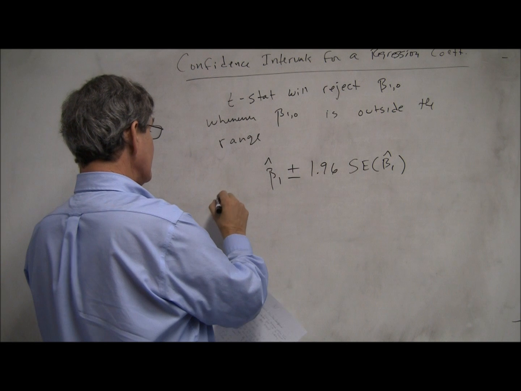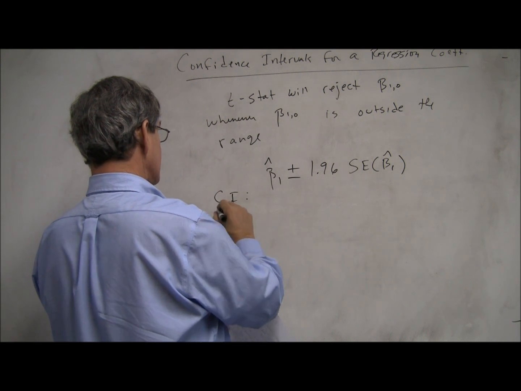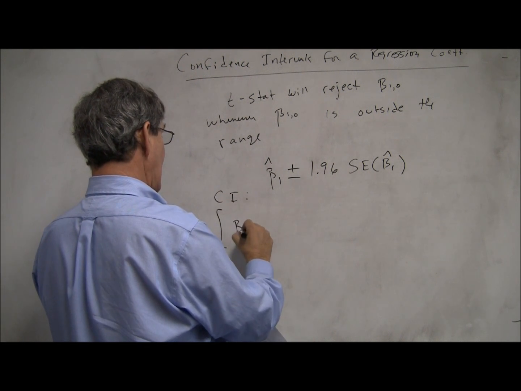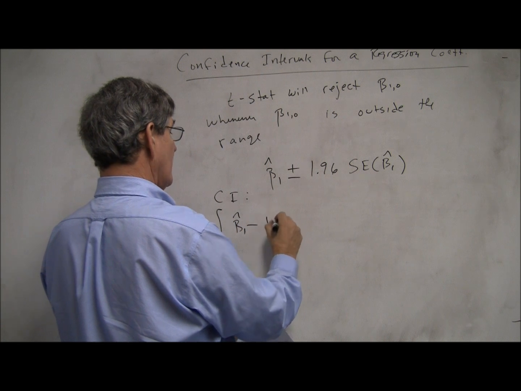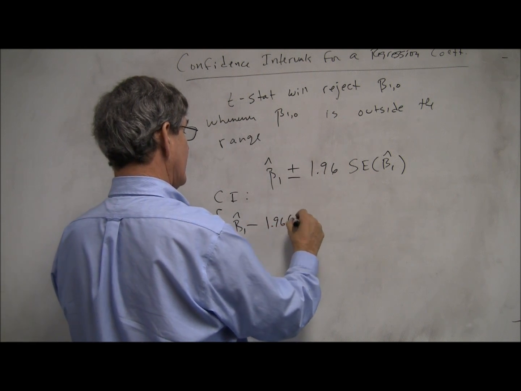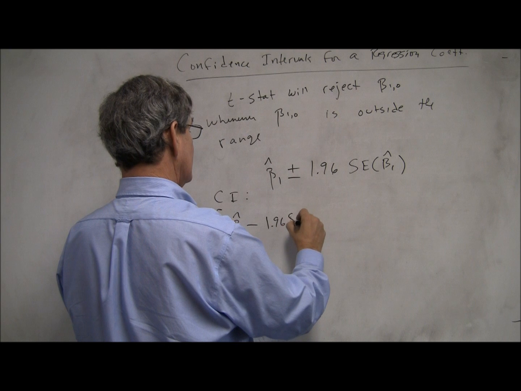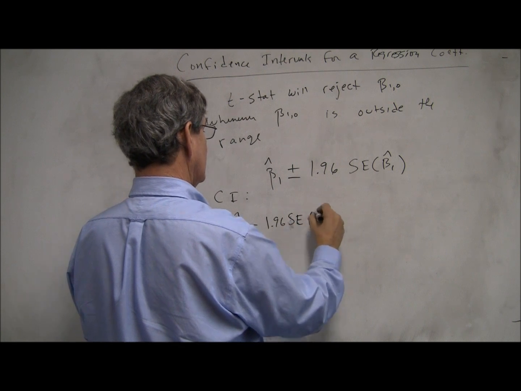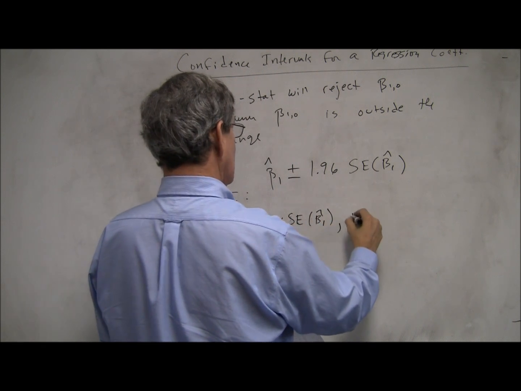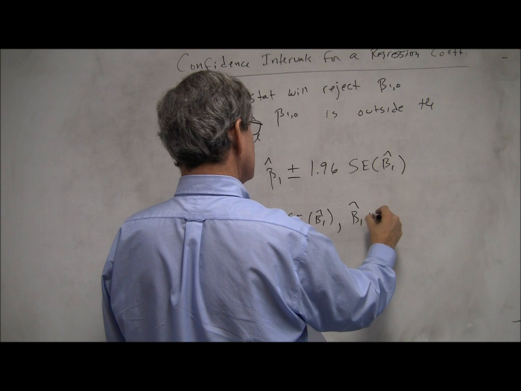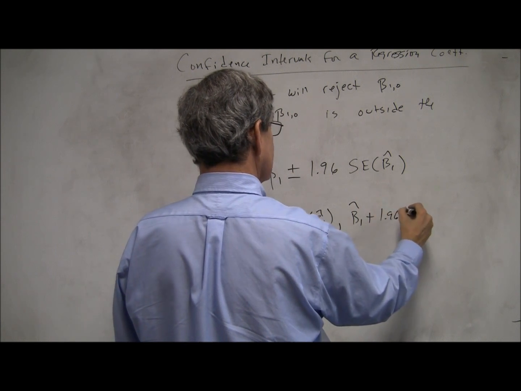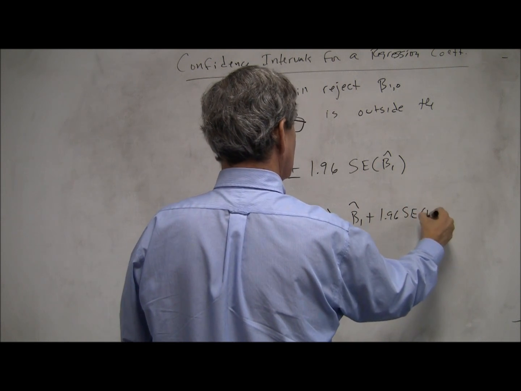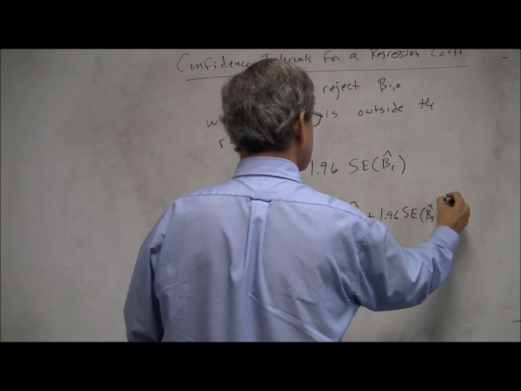The 1.96 is for 95%. So the confidence interval is this range: beta 1 hat minus 1.96 times the standard error, comma, beta 1 hat plus 1.96 times the standard error of beta 1 hat.